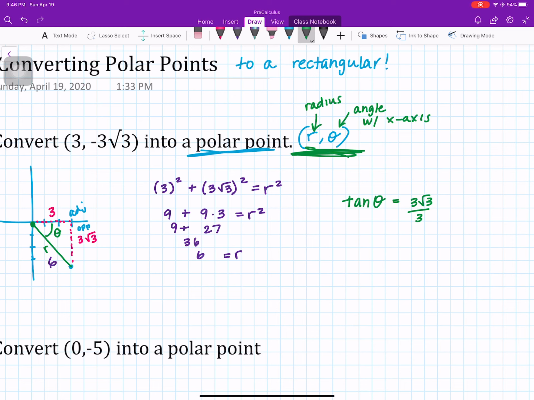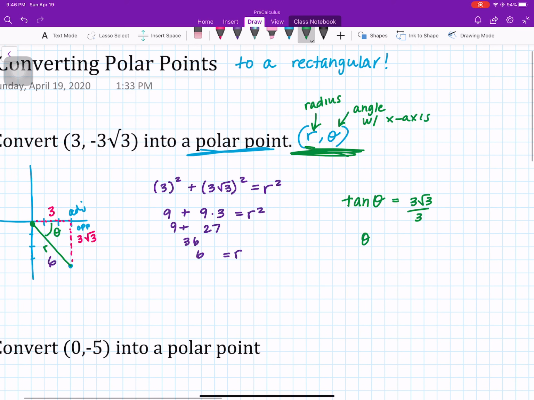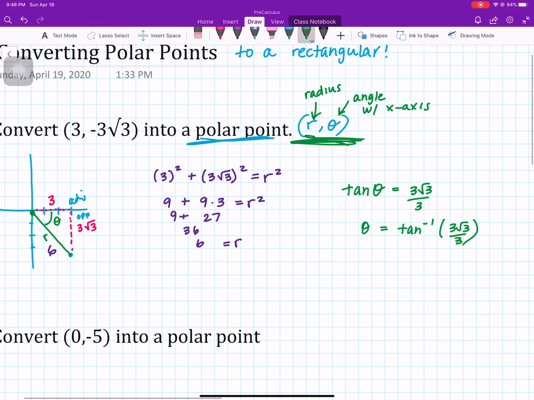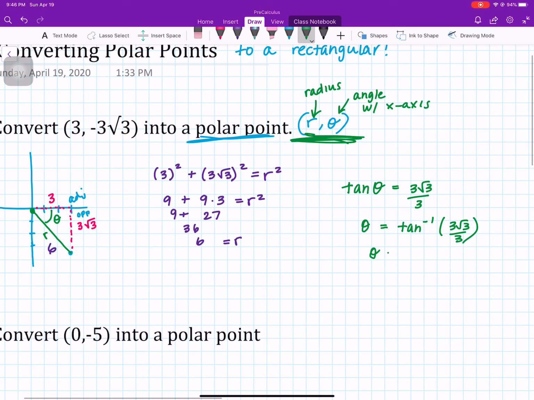I realize that. But whenever I'm just doing an inverse tangent, I don't want to use the negatives. I want to figure out what my reference angle is, and then determine positive or negative by looking at my picture. And again, this is a 30, 60, 90 triangle. So when you pop that in your calculator, you're going to end up with 60.